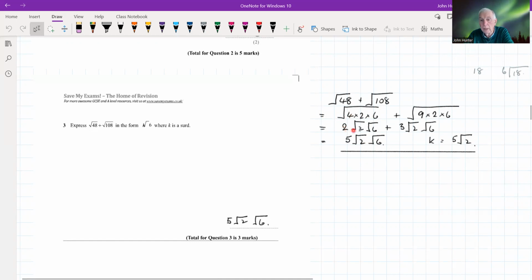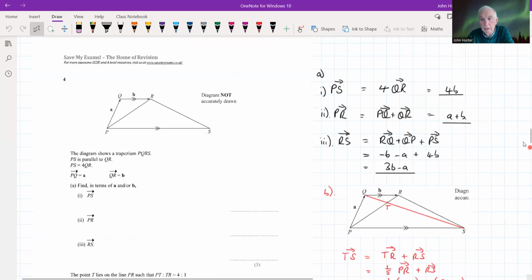Square root of 4 times root 2 times root 6 plus 3, which is the square root of 9, times square root of 2 times square root of 6. So that's 2 root 2 times root 6 plus 3 root 2 times square root of 6. So altogether it's 5 root 2 times root 6. So that is our answer, giving us that k is equal to 5 root 2. Okay.